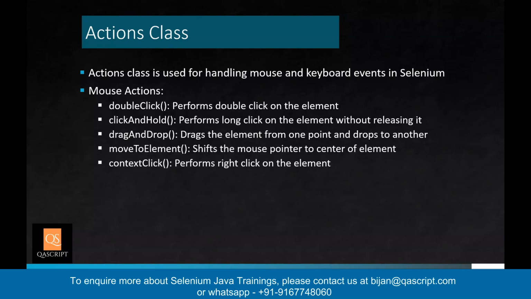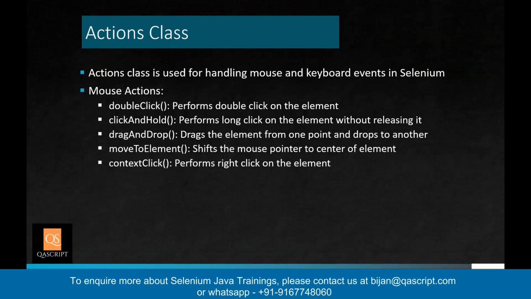Then there is drag and drop. It drags the element from one point to another point. You need to specify both the points where you want to drag and drop. Then there is move to element. It shifts the mouse pointer to the center of the element, which basically means hovering over a particular element.